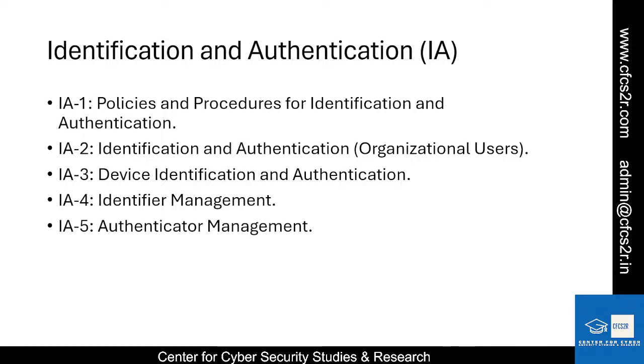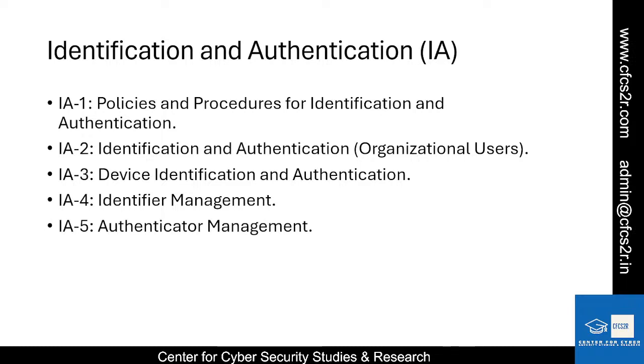Because sometimes a lot of unknown users are connected to the organization. Mostly in your office you have some Wi-Fi connections, and people connect their personal devices, PDAs, laptops, and mobiles to that Wi-Fi. In that case you can see identification becomes an issue and authentication also becomes an issue.